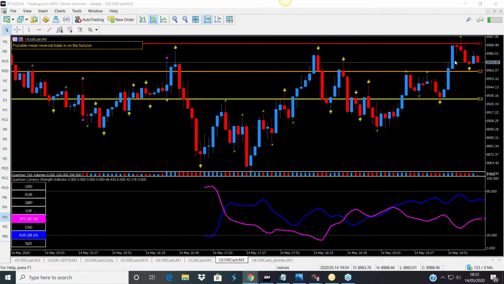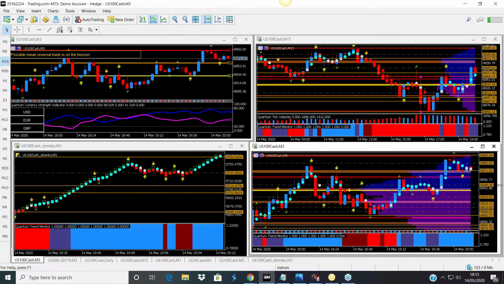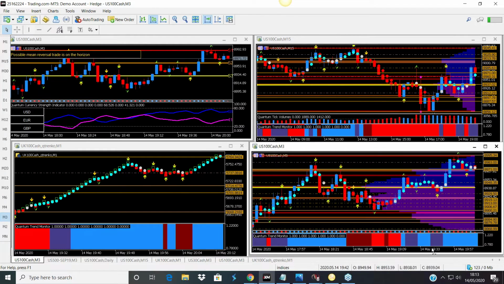So having had the move higher, we're now moving into another congestion phase while the market decides whether it is going to carry on higher, or possibly we are going to see a reversal to the downside. That gives me the picture for what is happening on the faster time frame charts.